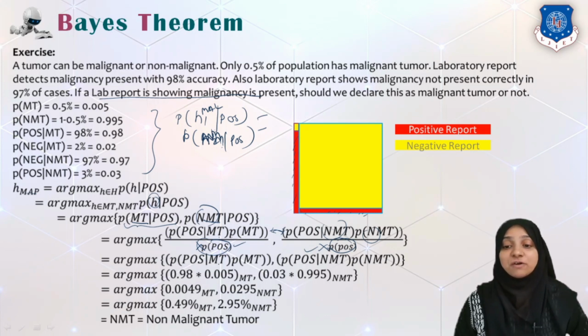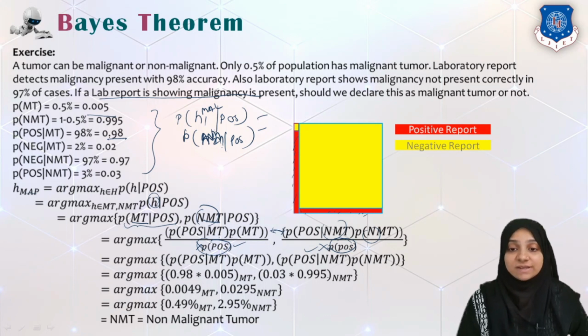So the probability of positive result given malignant is 0.98, and the probability of malignant is 0.005. Similarly, the probability of positive result given non-malignant tumor is 0.03 and the probability of non-malignant is 0.995.